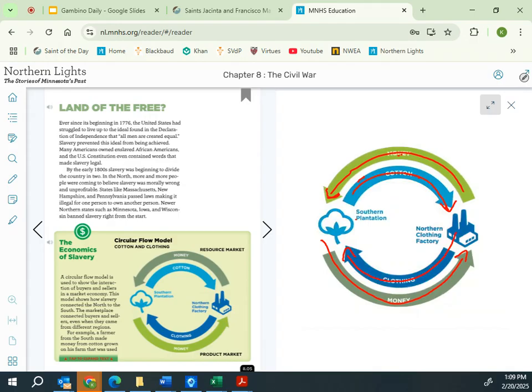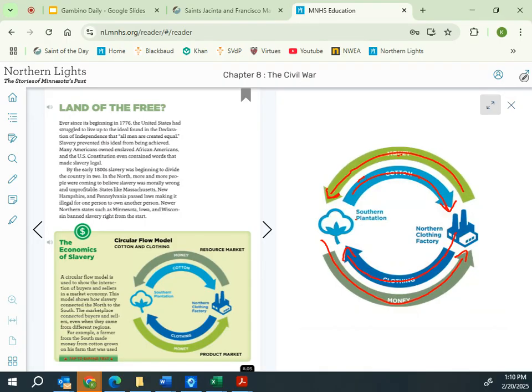Because now instead of having slaves picking the cotton for free, they have to pay people to pick the cotton. So now instead of it costing $5 for them to grow this cotton, plant the seeds, water it, now they have to pay for the labor, another $5 to pay the people picking the cotton. So are they going to sell it to the North for $7?